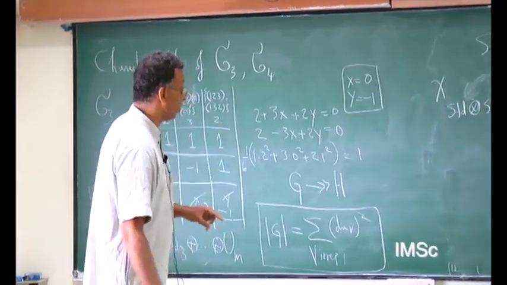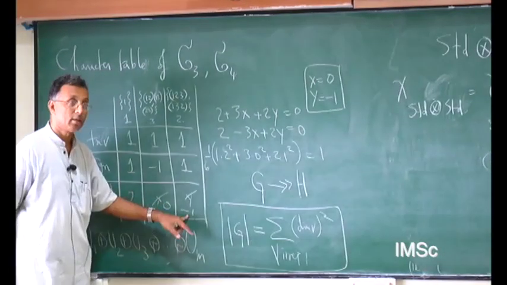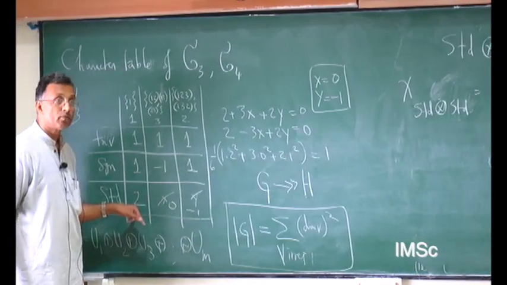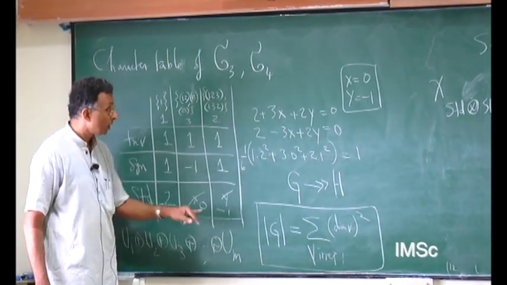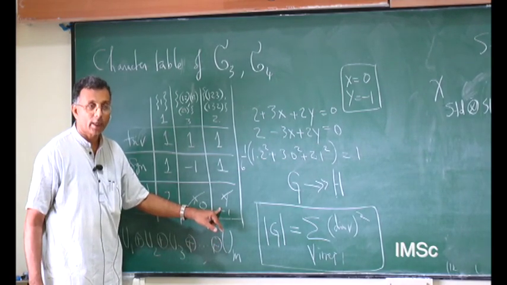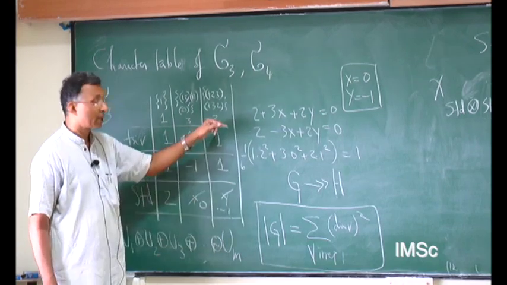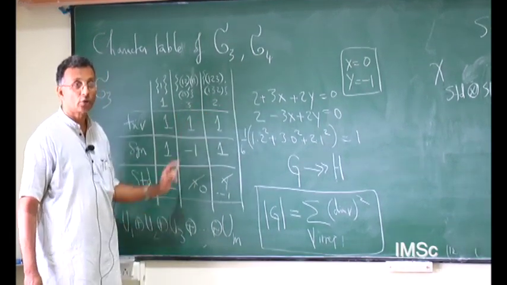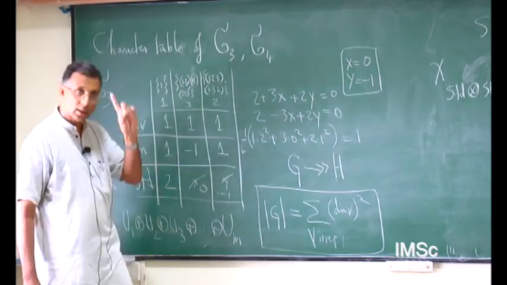Now 4 times 2, 8, 1 minus 1, 1 into minus 1, sorry, minus 1 times 2, 8 minus 2, 6, again 1.